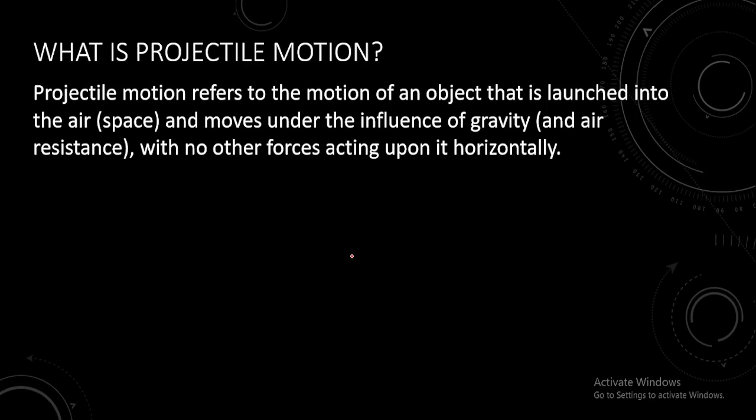On the moon, the acceleration due to gravity is lower, so you just have to change the values in the equation. Nonetheless, they follow the same kind of path. Different height, but nonetheless it will follow a parabolic path. And there's no other force that acts on the object horizontally.